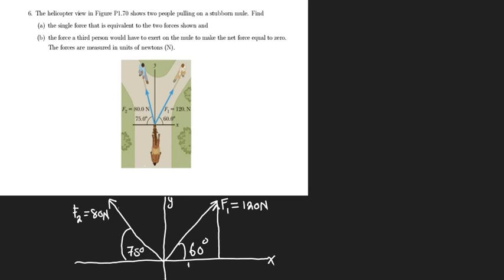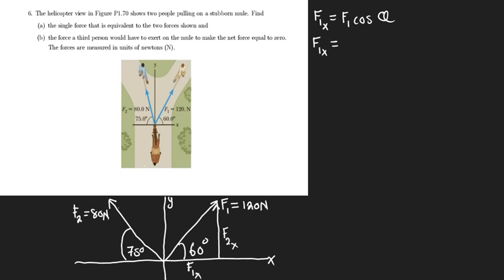So we have our F1x, and then we also have our F2x. If we come here, we resolve everything into components. We are going to have our F1x, so my F1x is going to equal F1 cosine of the angle theta.